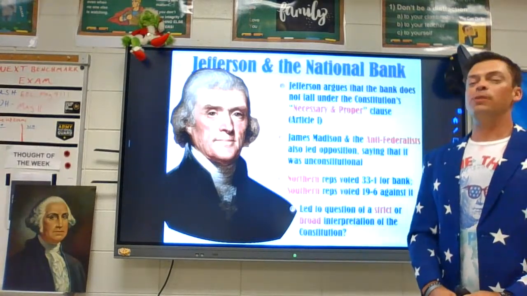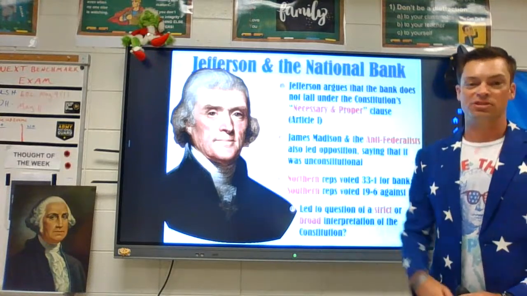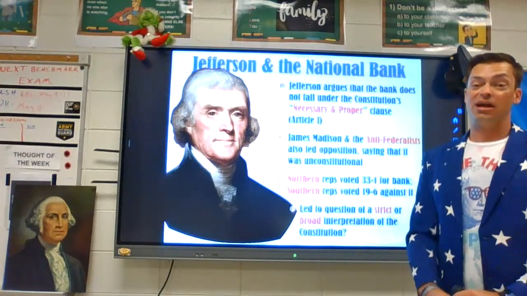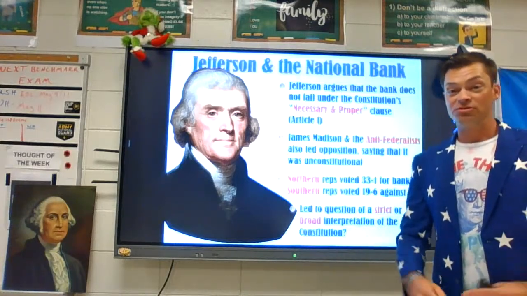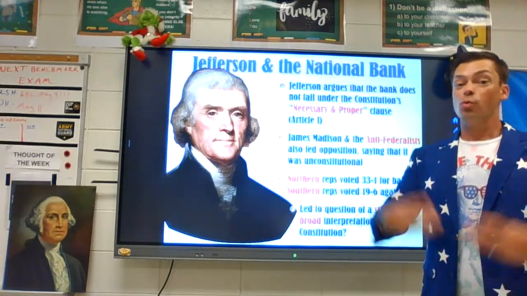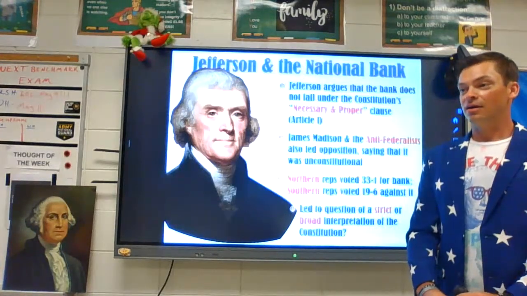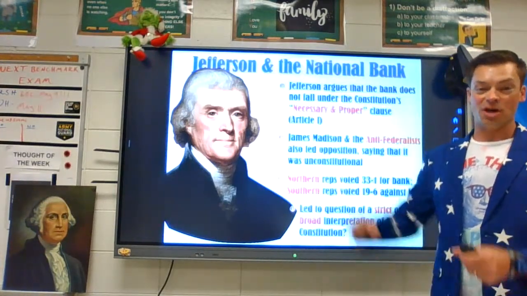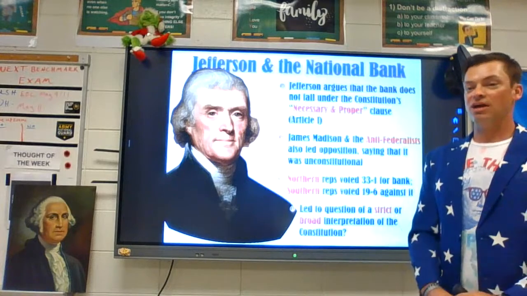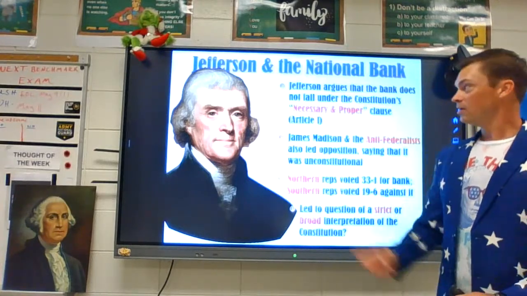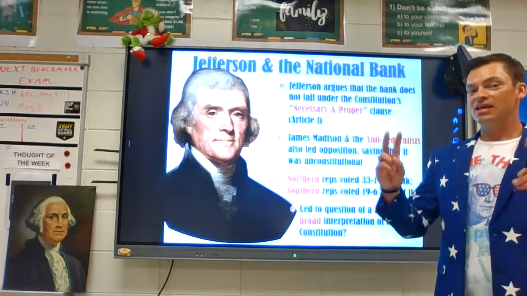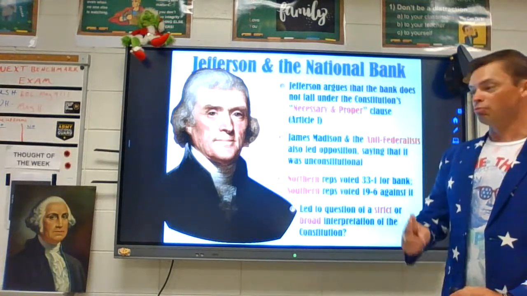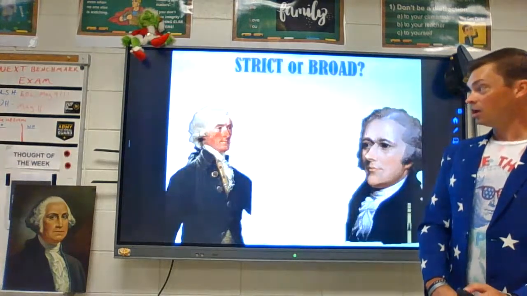And could the framers have understood the world that was coming? And bring it into today. Could the framers have understood what is the internet, or what is digital commerce, or what is the way weapons have advanced? Obviously they had muskets and gunpowder, and today we have automatic rifles and belt-fed ammunition. Some people are going to say that the Constitution is elastic, and that necessary and proper clause allows for a broad interpretation of the Constitution.